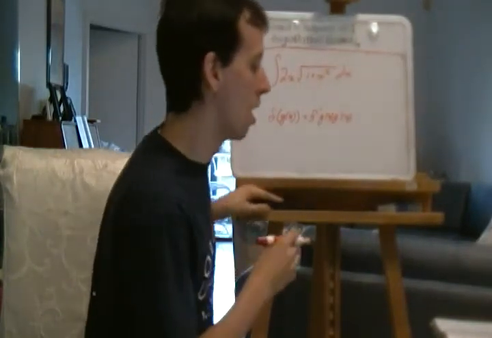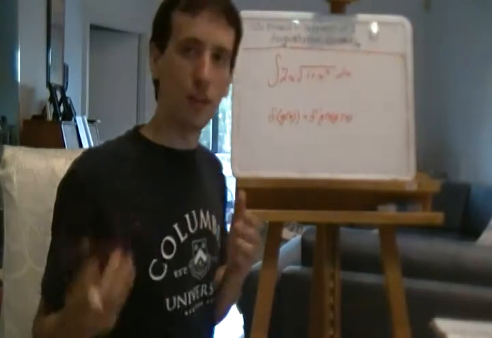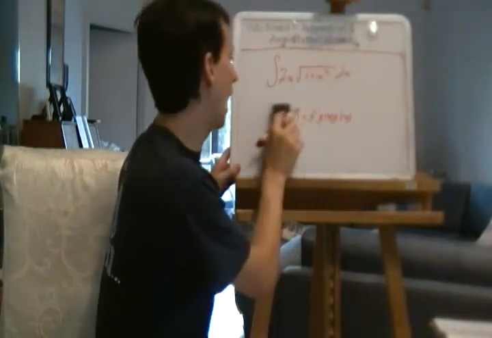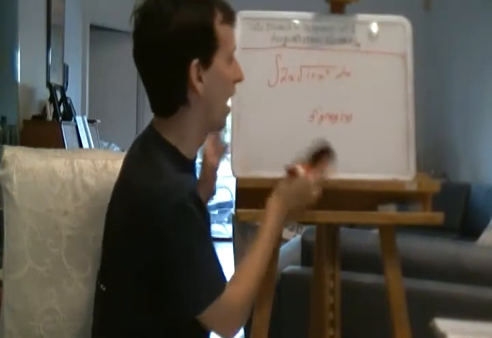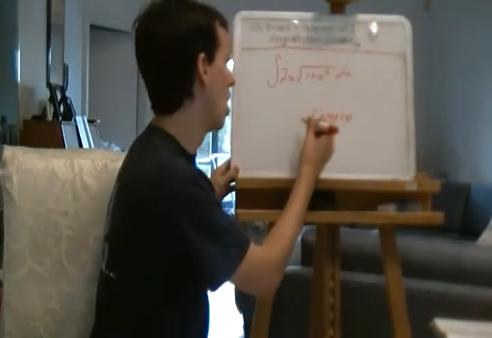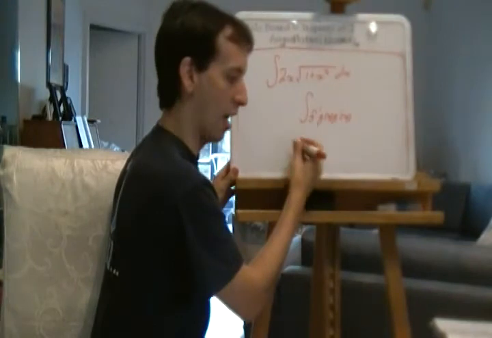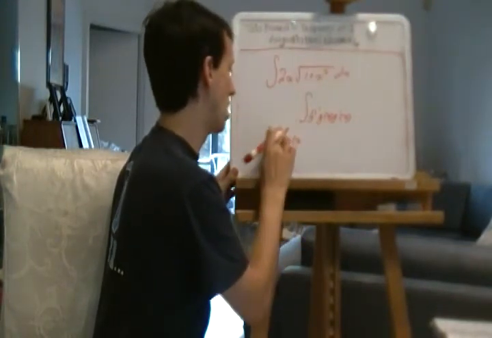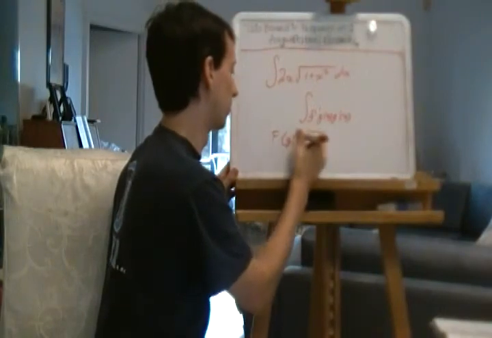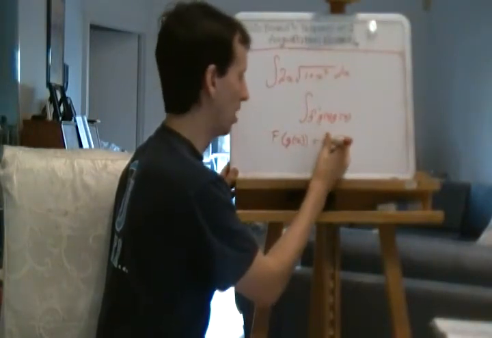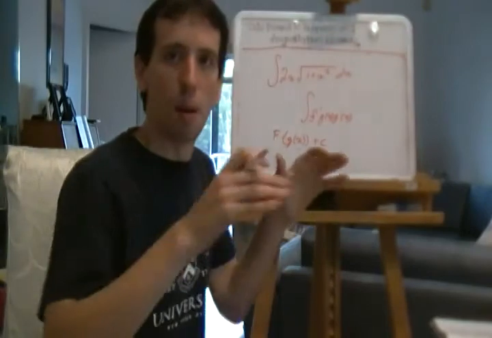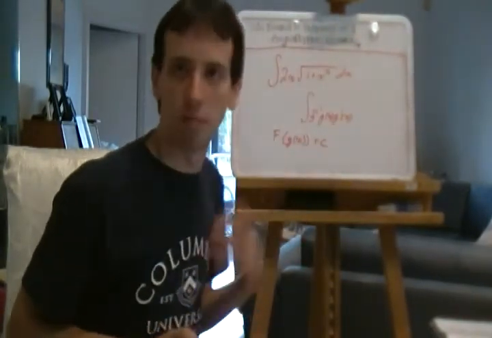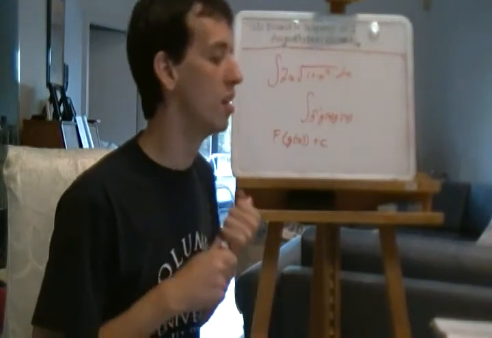That's pretty simple. With an integral, let's say we have f prime of g of x times g prime of x. If we take the integral of that, we're going to get f of g of x plus c. The inverse of the chain rule gives us a composite function.